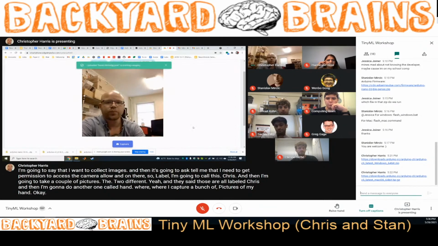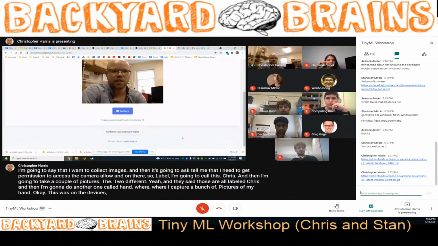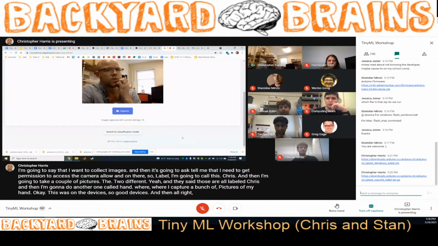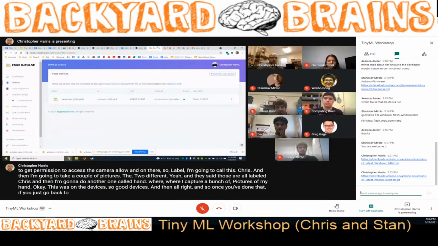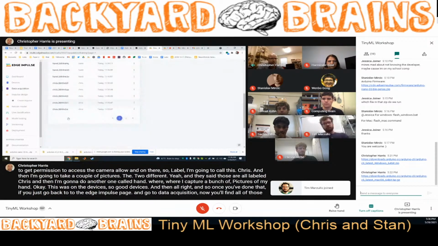Okay. This was under data acquisition again, correct? It's under devices. So go to devices, and then, all right. And so once you've done that, if you just go back to the Edge Impulse page and go to data acquisition, now you'll find all of those labeled data sets right here.